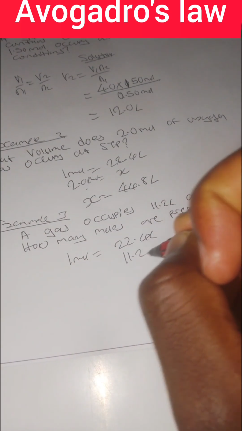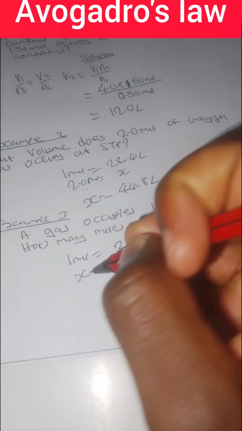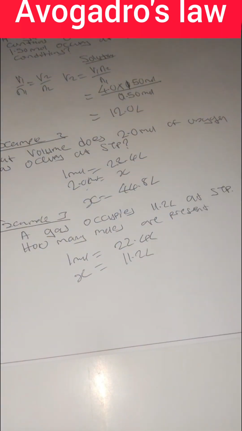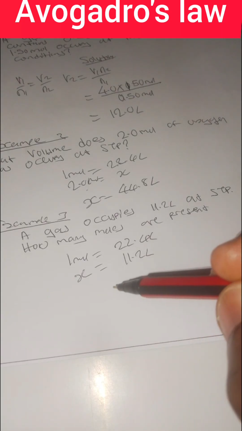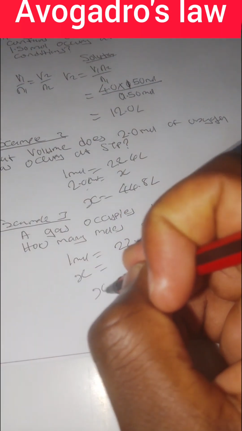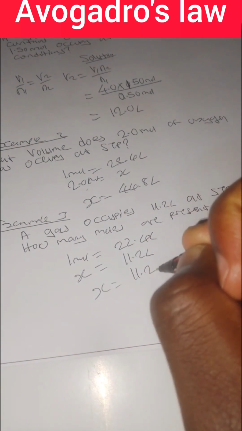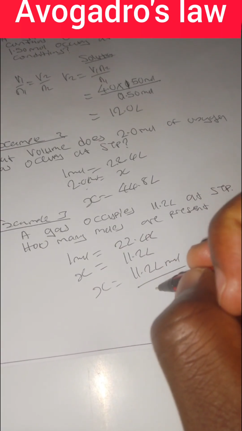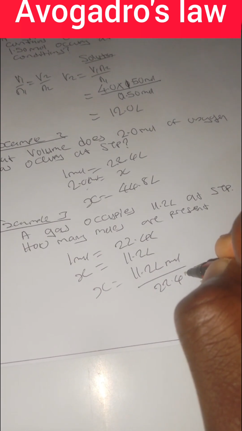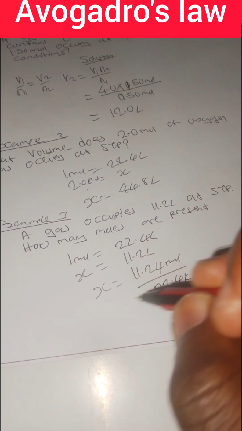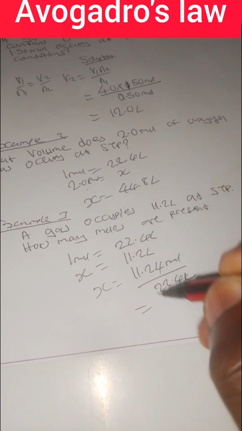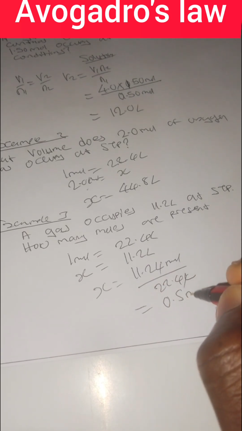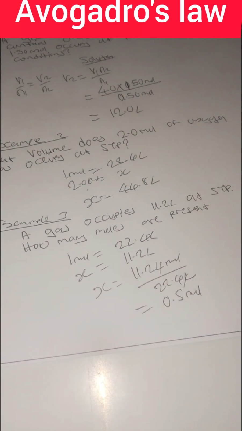Then we put x here. So our aim is to find this x. We are going to find that x is 11.2 liters over 22.4 liters, where liters and liters cancel. We are going to have 0.5 moles. So that's our final answer.